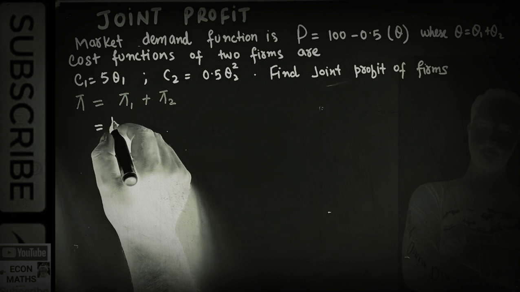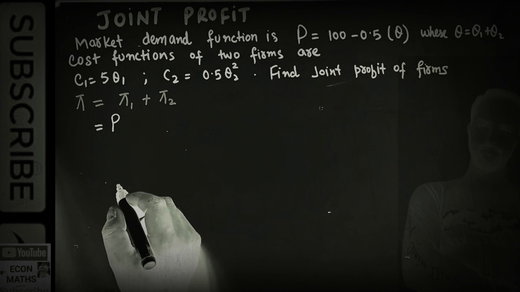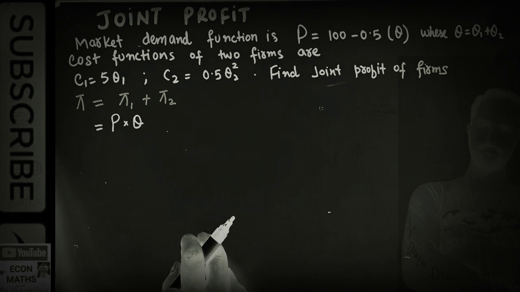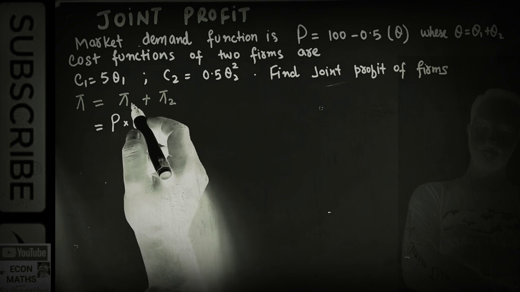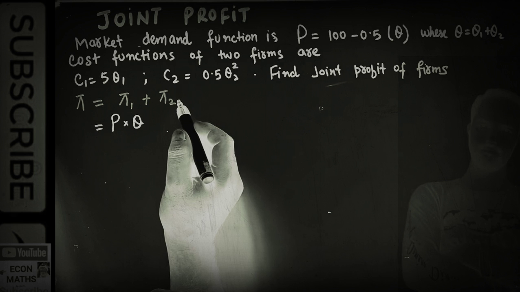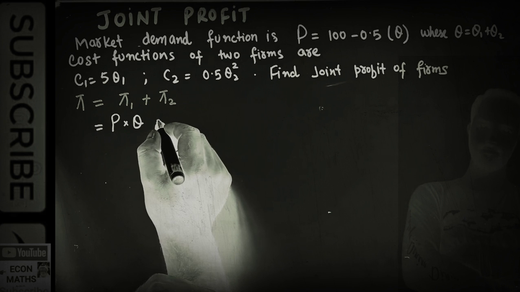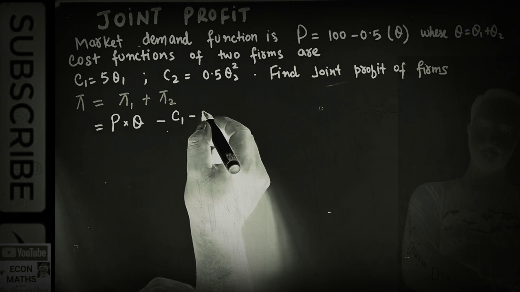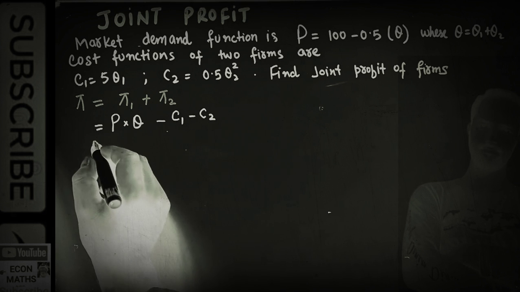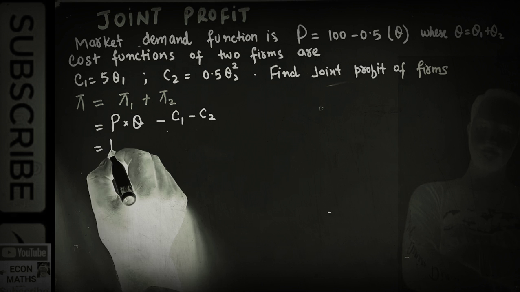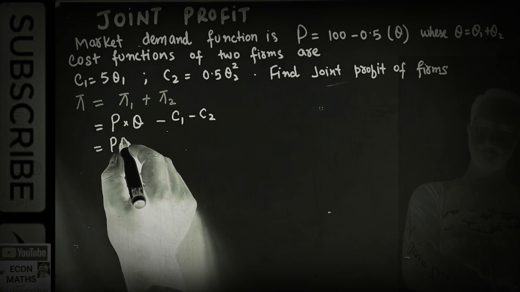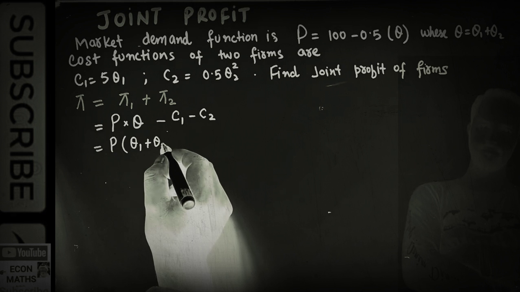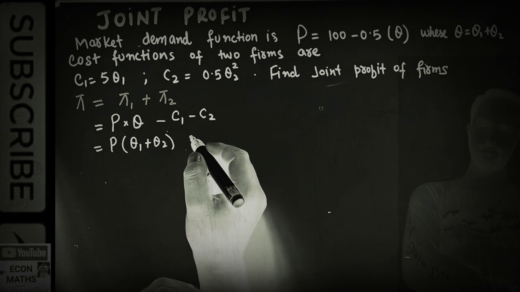Now we know P is the price and Q is the total output produced in this market. So this will denote the total revenue of the two firms. To this we will subtract the cost of firm 1 and cost of firm second. And this P is as it is. Now Q we know is equal to Q1 plus Q2.